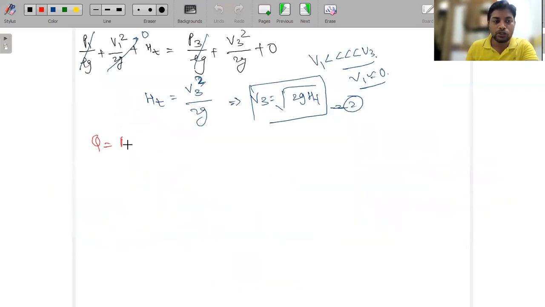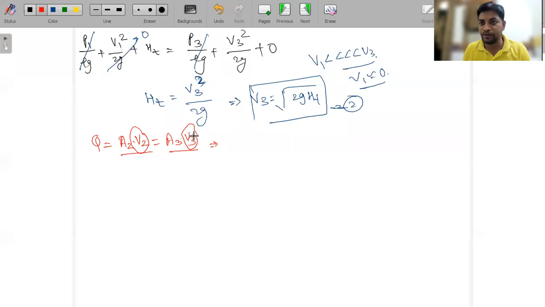So if Q at point 2 equals Q at point 3, it means that A2 V2 will be equal to A3 V3. Now I am just putting in the values of V2 and V3.